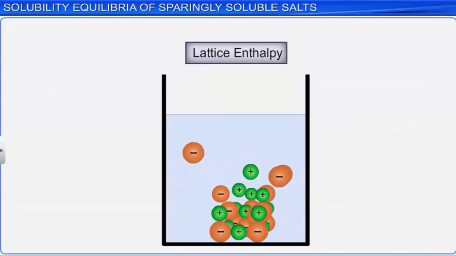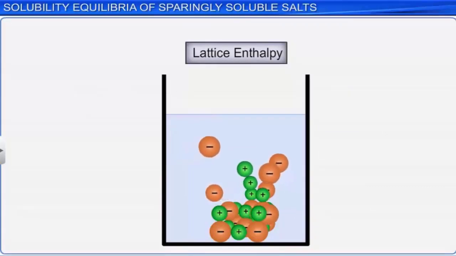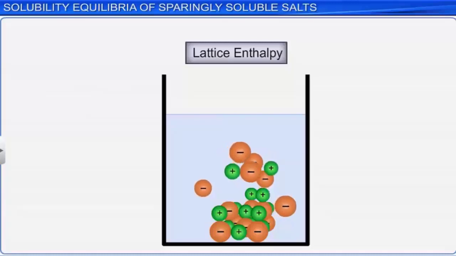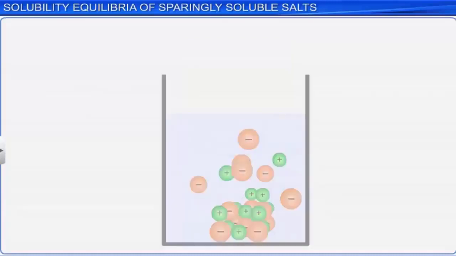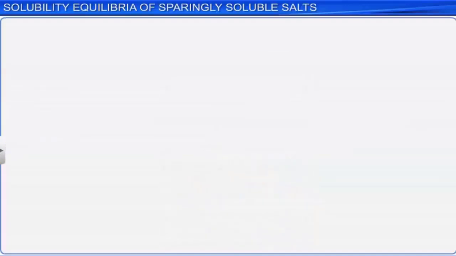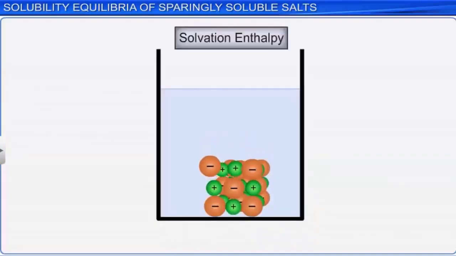Let us once again recap the definition of lattice enthalpy that we have already learnt. The lattice enthalpy of an ionic solid is defined as the energy required to completely separate 1 mole of a solid ionic compound into its constituent ions. When such an ionic solid is dissolved in a solvent, certain amount of energy is released.